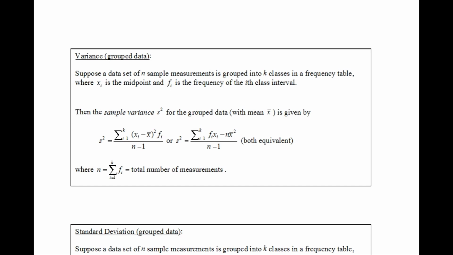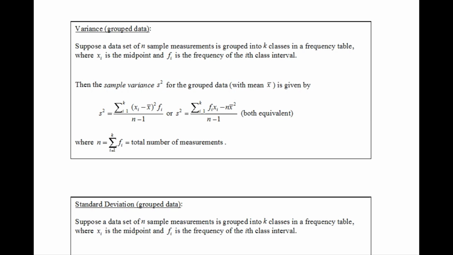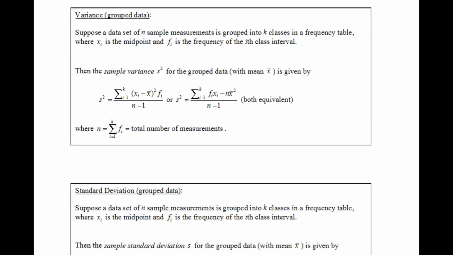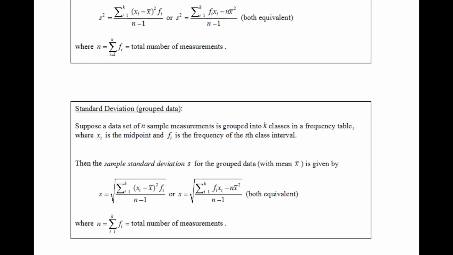I've only put the sample version here, the sample variance with the denominator of n-1, because you very rarely will have grouped data when you're talking about an entire population. Now from here, do we really need a new separate formula for the standard deviation? No, we just have to remember that once we find the variance, we take its square root to get the standard deviation.